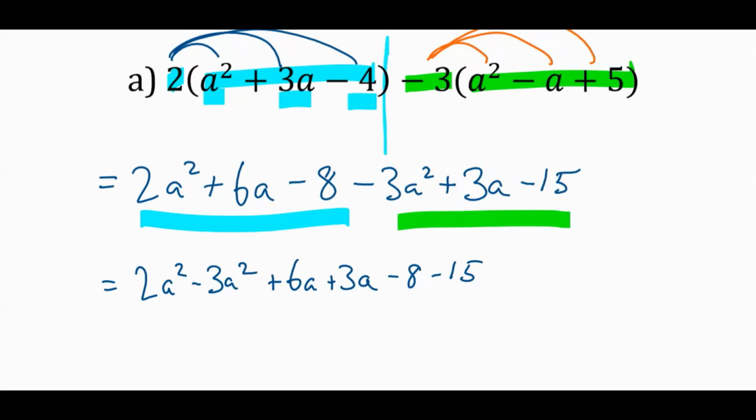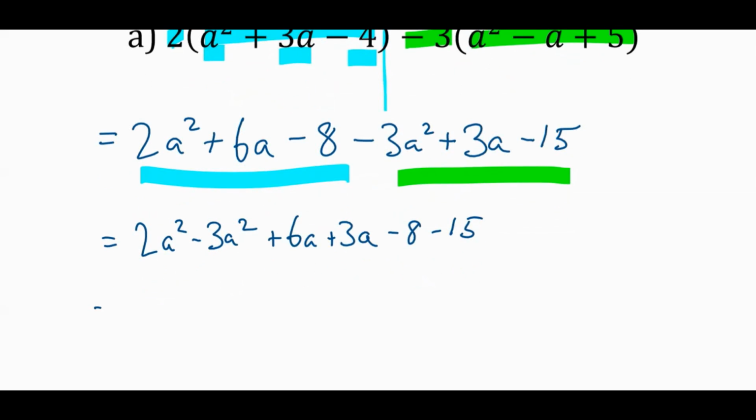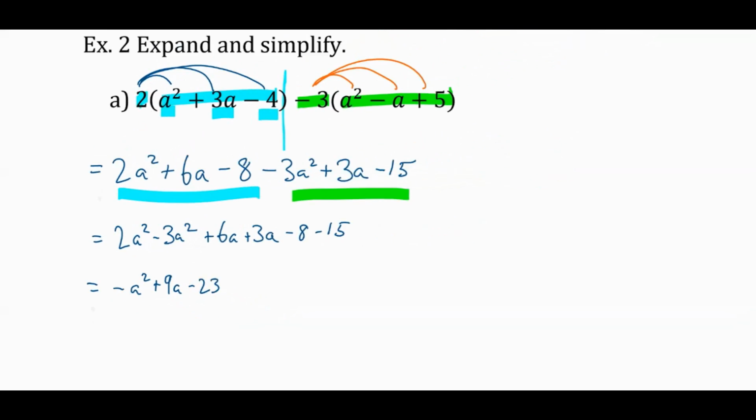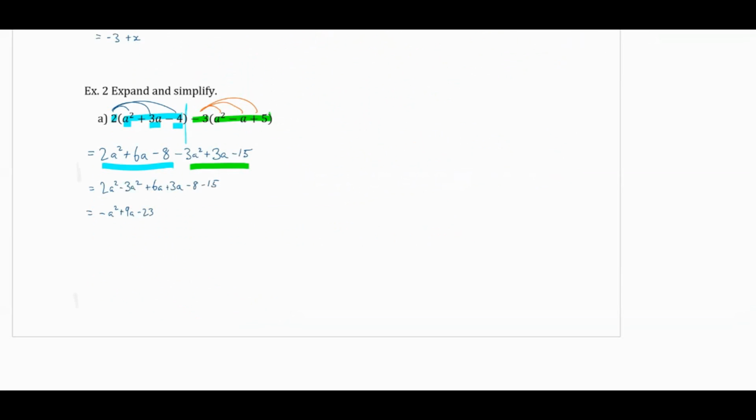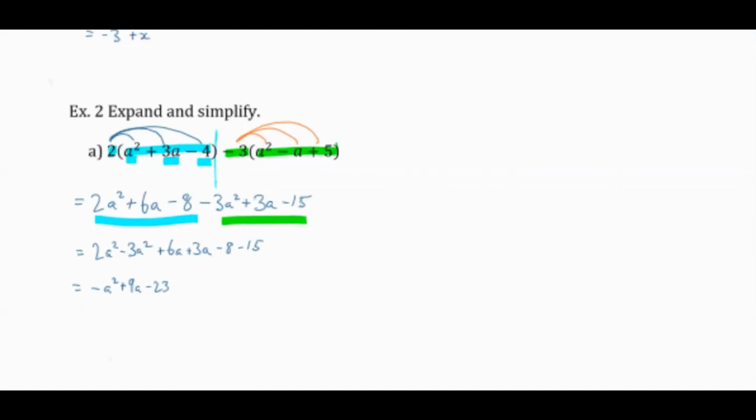Remember, the signs have to go with the terms that they belong to, so -8 is still -8, -3a squared is still -3a squared. 2 minus 3 is -1. 6 plus 3 is 9. -8 minus 15 is -23. Any questions? That's it.